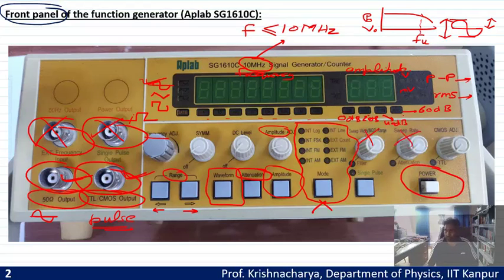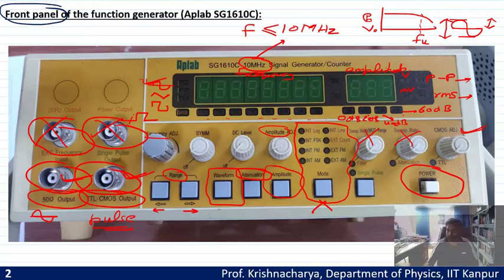Ignore this also. Once you take the output from this right hand side BNC for the TTL or CMOS, and you want to adjust the signal, in that case you will be using this particular knob, CMOS adjust or TTL adjust.